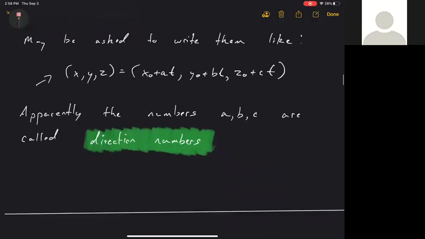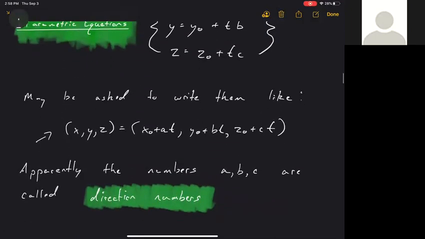Now apparently these numbers a, b, and c, which came from our parallel vector, are called the direction numbers. This is terminology I wasn't familiar with, but they're apparently called the direction numbers.